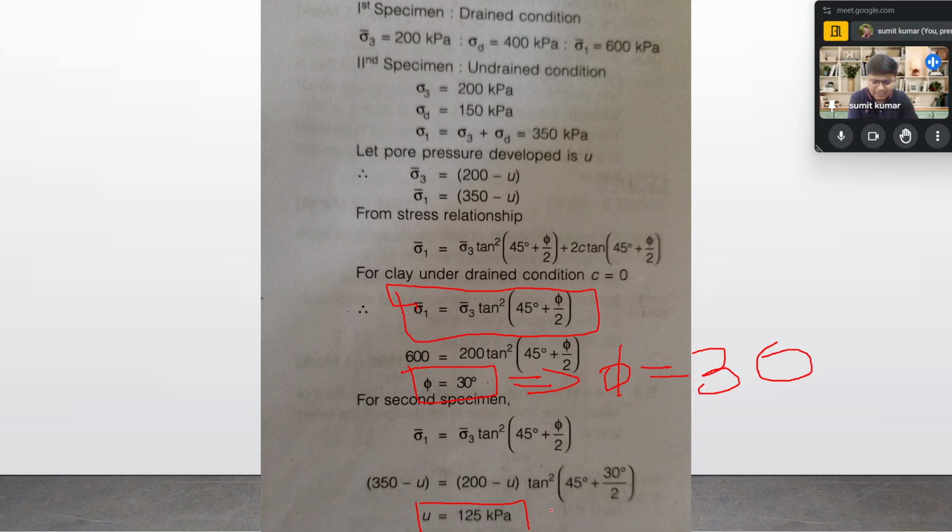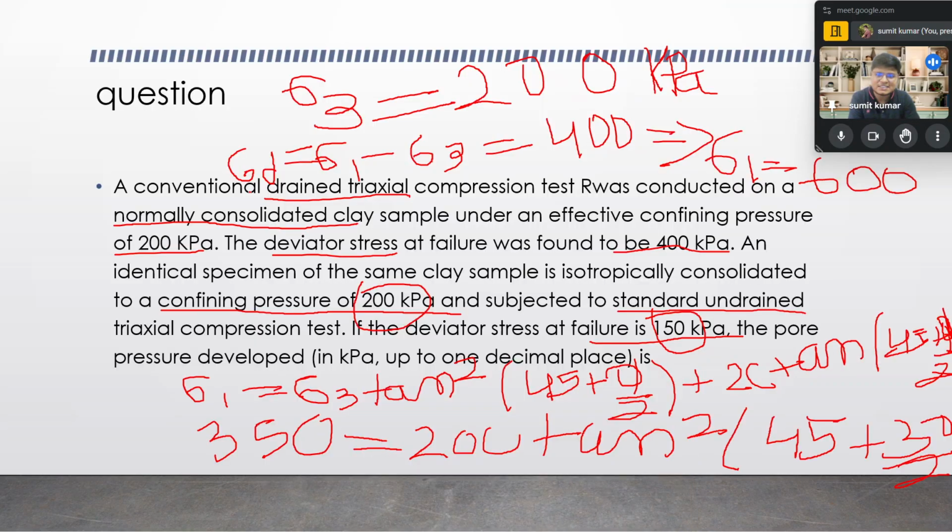Okay, so I will revise it again for you. First of all, the question is asking that a conventional drained triaxial compression test was conducted on a normally consolidated sample under the effective confining pressure of 200 kilopascal. So over here, first of all, we have written the value of sigma 3 as 200. Then the deviator stress at failure was found to be 400.